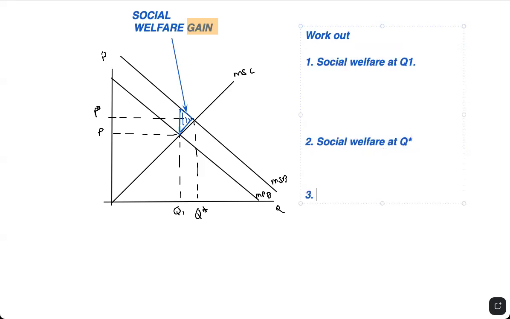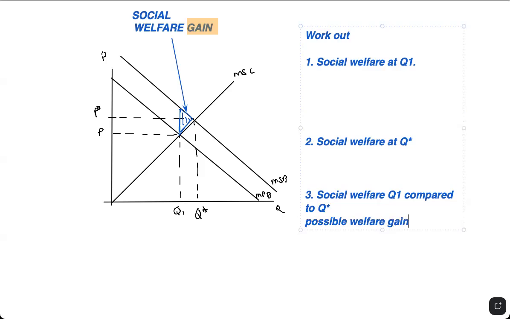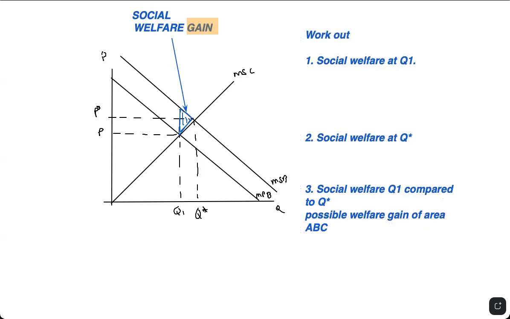So if I work out the social welfare at Q1 compared to Q star, I should see that there is a possible welfare gain of area, label it, area ABC, or this blue area that we're talking about.